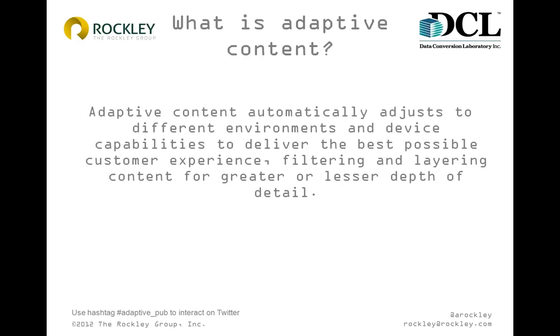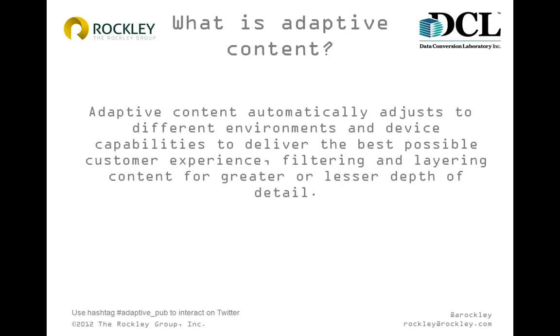So in general, what is adaptive content? When we look at adaptive content, we're looking at content that automatically adjusts to different environments and different device capabilities. So it can detect and understand what your customer is using as they're using your content. In so adapting, adaptive content can deliver the best possible customer experience.